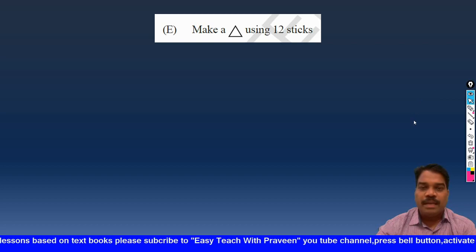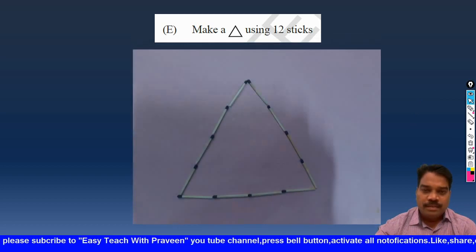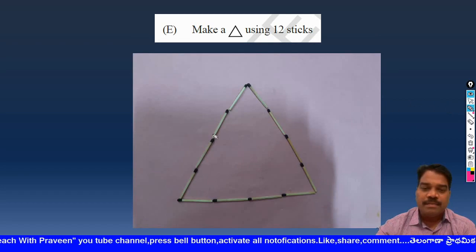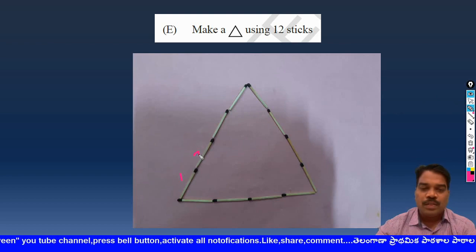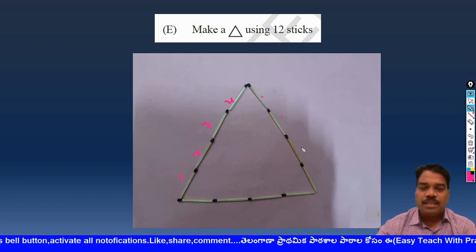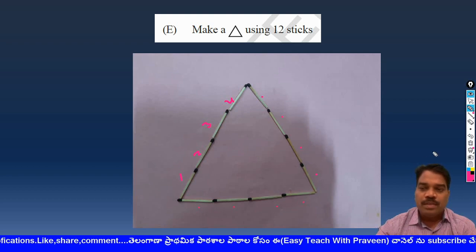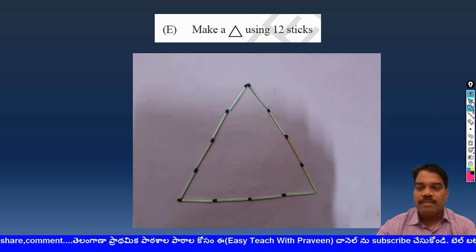So we have to make a triangle using 12 sticks. Can you do it? Yes, we can do it by arranging like this. 1 2 3 4 5 6 7 8 9 10 11 12. So these are 12 matchsticks and we have made a triangle with this.